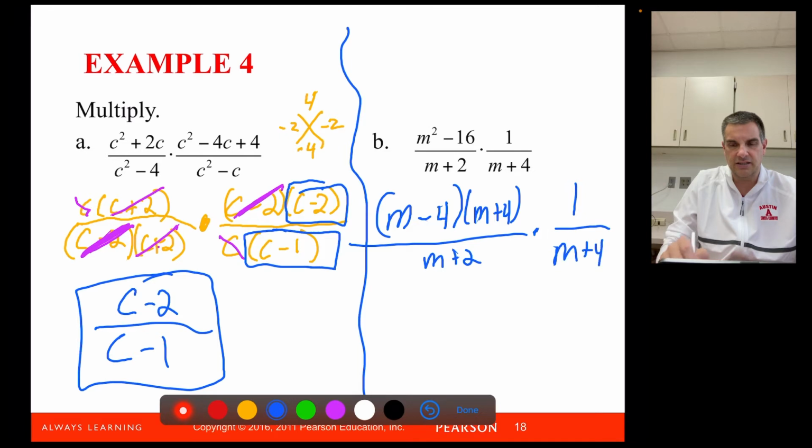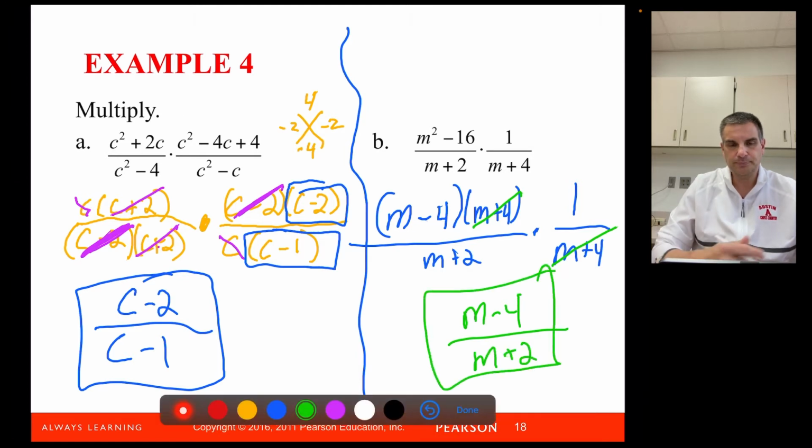Nothing can be factored from any of those. I've got an m plus 4 in the numerator and an m plus 4 in the denominator, so those divide each other out. I'm left with m minus 4 times 1, so that's just m minus 4, over m plus 2. That's your solution.